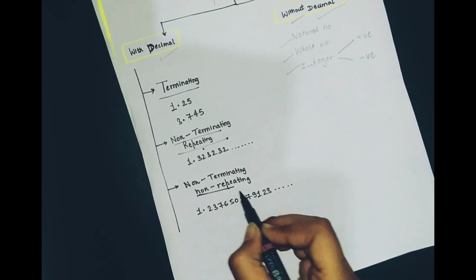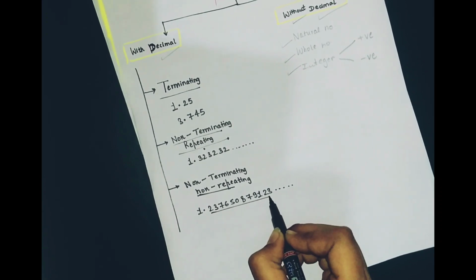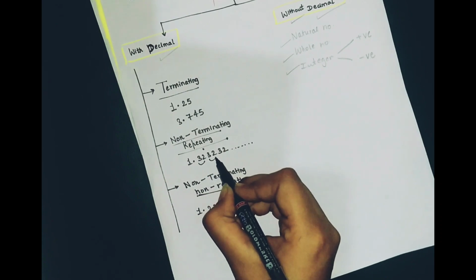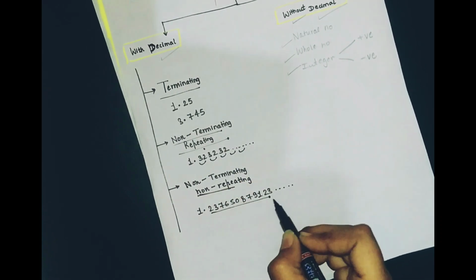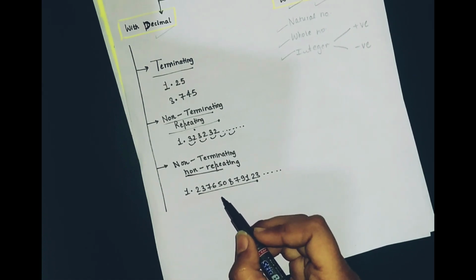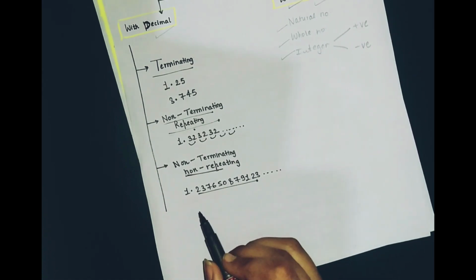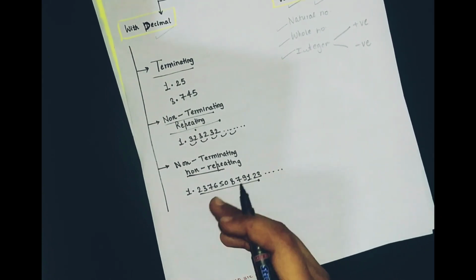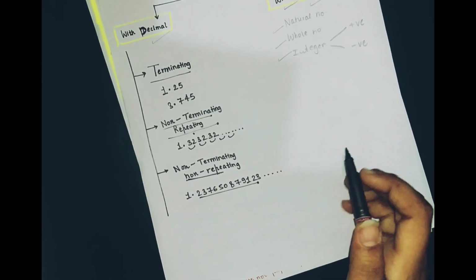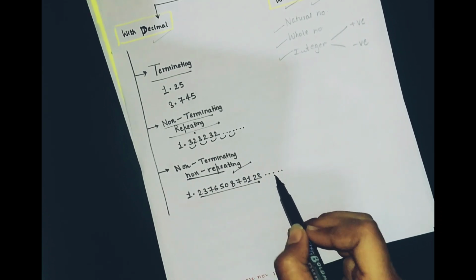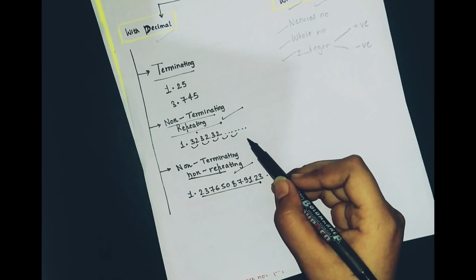As you can see, the numbers are non-repeating, they are not in a pattern. In the earlier one we have the pattern 32 32 32 32 like that. Here we don't have any pattern, and the numbers go to infinity like that.